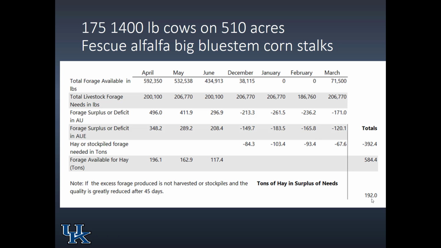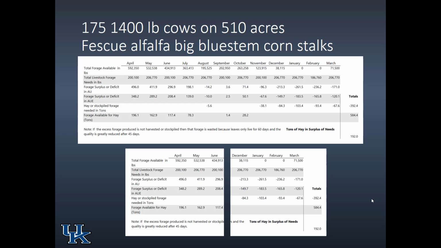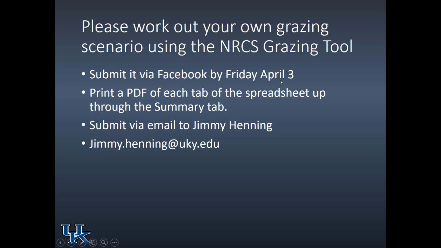So this is a quick way for you to do the math on a system, yours or somebody else's, or just to change your forage base and see what effect it has. This is the full table at the bottom of that graph, and you can see those data lined out.